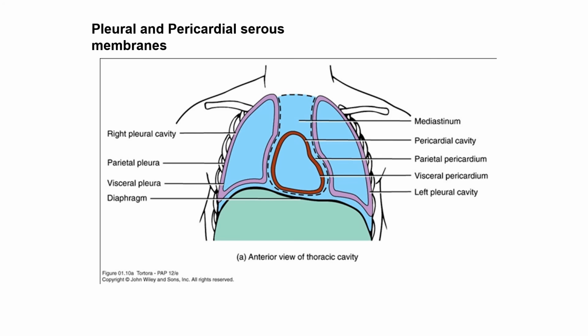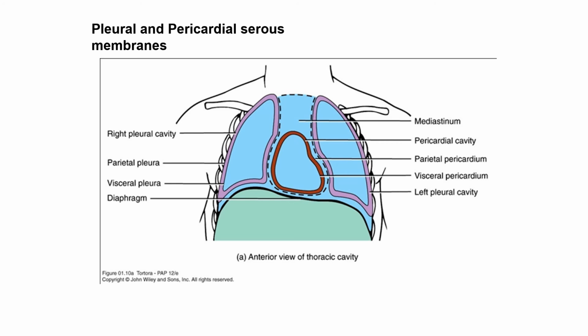That space between those two membranes is actually what's called the cavity. The cavity is not actually around the lungs, but within the pleural membranes, between those membranes. I know it's kind of a funky distinction, but that's the way it is.